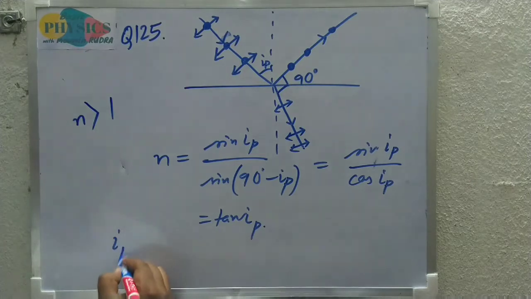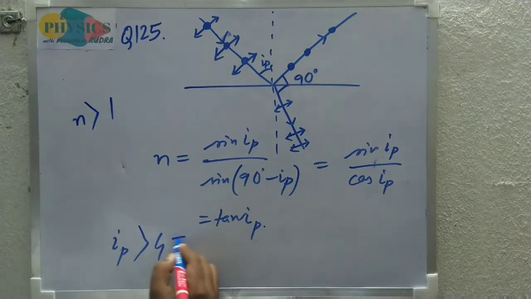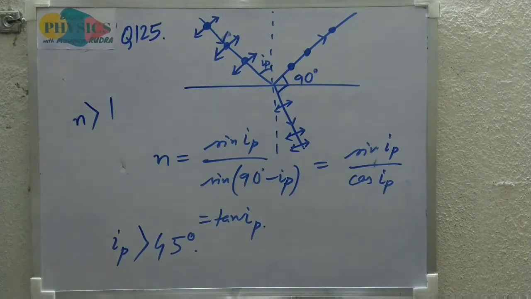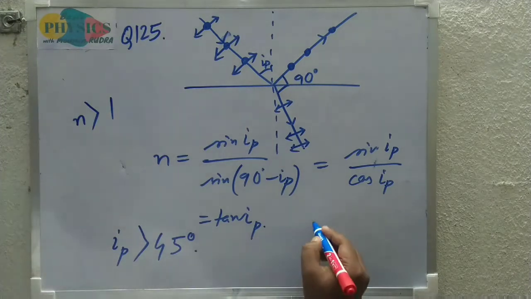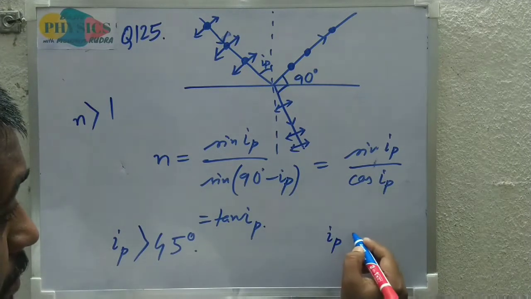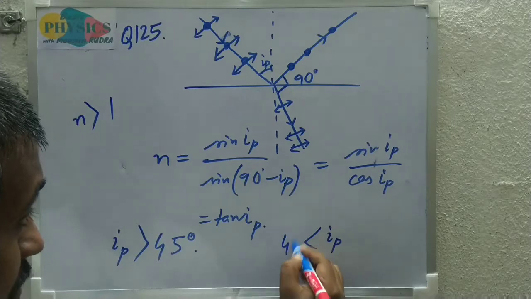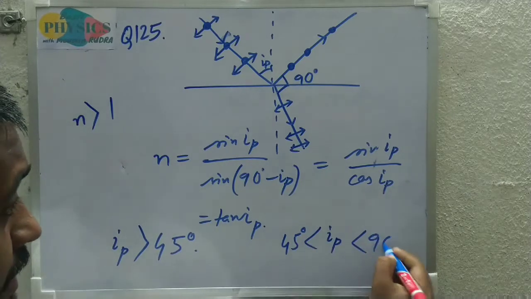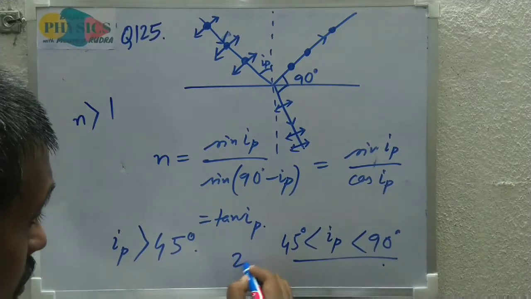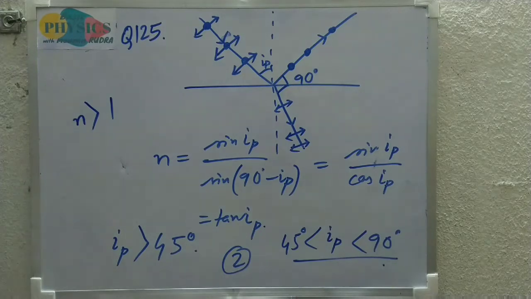So greater than 1 means IP must be greater than 45 degree. So here option 2 is where IP will be greater than 45 degree and less than 90 degree. It's valid. So option 2 is the right answer.